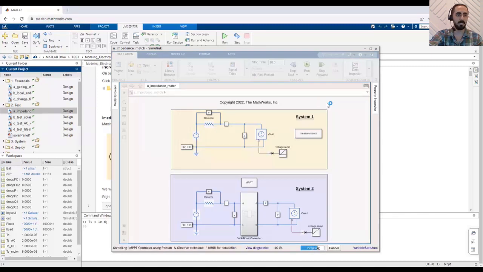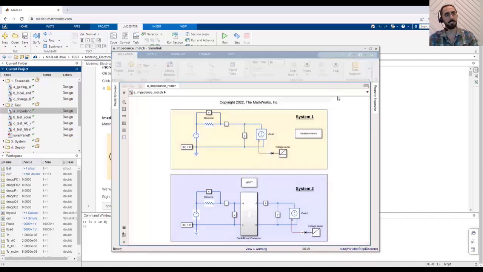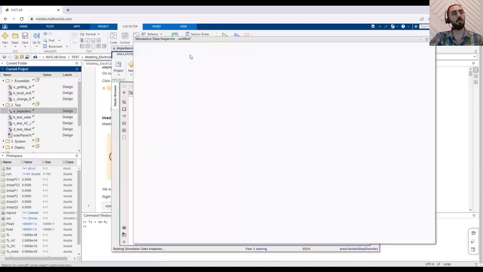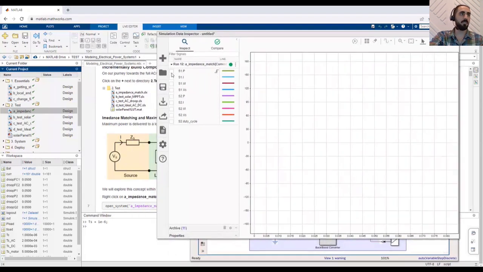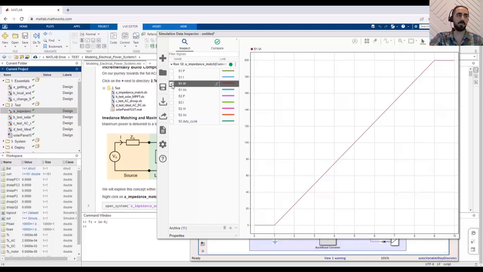I'm going to run this system now. We're going to take a look at the details later. If I open up the Simulation Data Inspector, SDI, we can take a look at the load voltages for the top system. You can see the load voltage increasing and the source voltage decreasing.